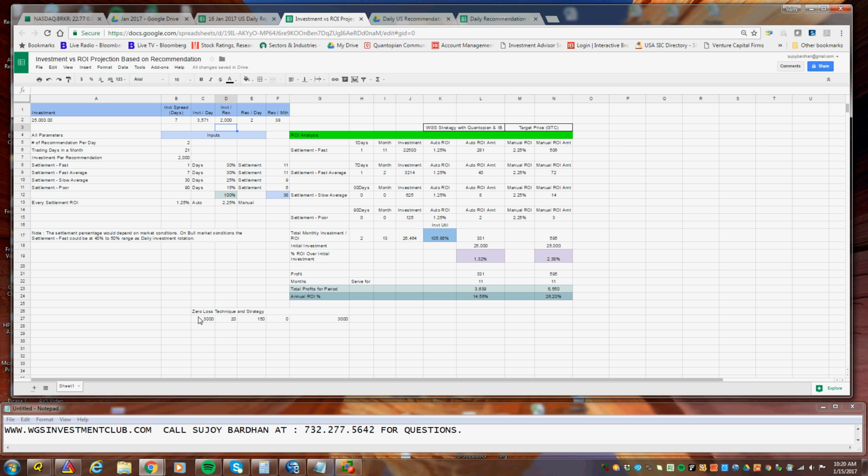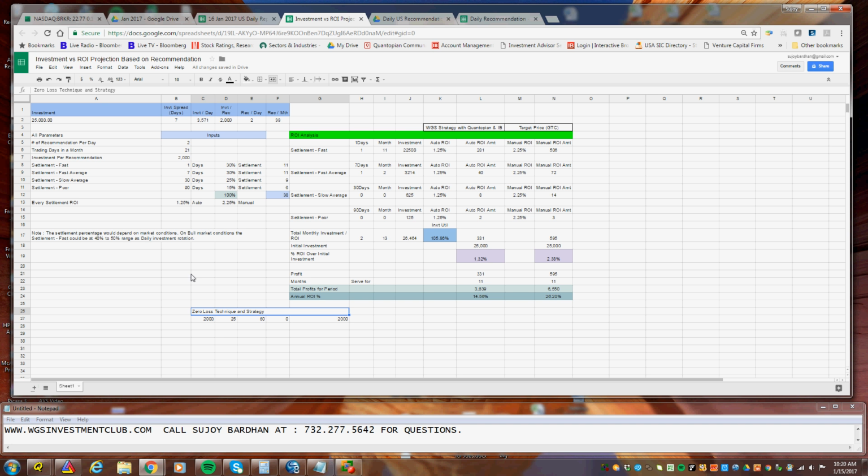So you are looking at, for example, a $25 stock. You are basically buying 80 shares, and only when this $25 gets to zero do you lose 2,000. So this is all about a zero-loss technique, which is very safe.